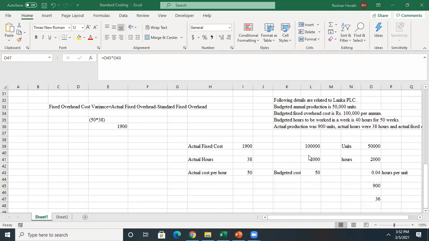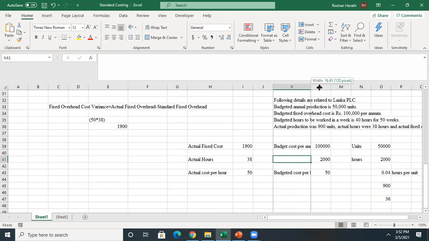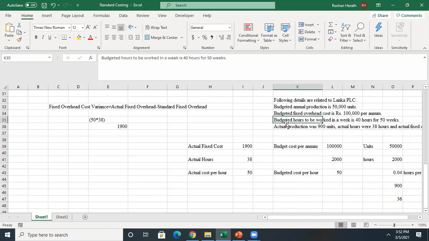So this is it. Here you are given the annual budgeted fixed overhead per annum. This is the annual cost, no? Budgeted cost per annum. So here you must compare that with the same basis. If it is per annum cost, then you can see budgeted hours to be worked in a week is 40 hours, and that is for 50 weeks.